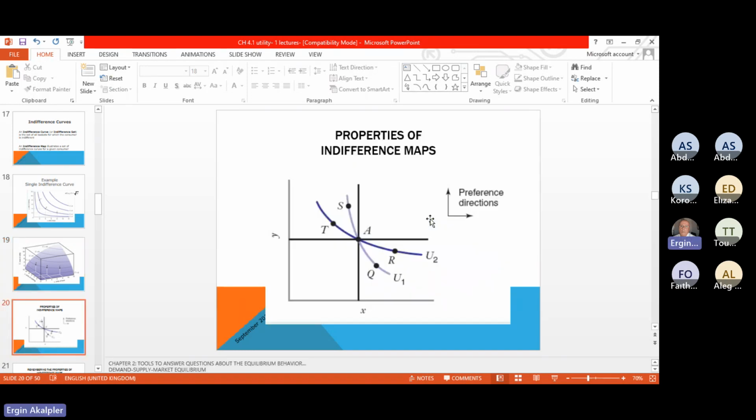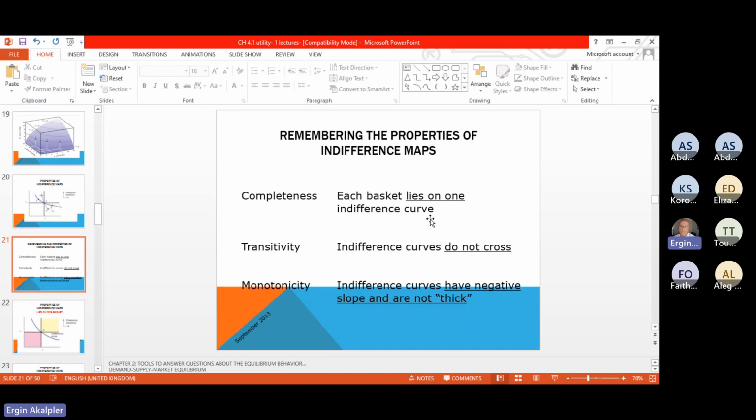And the properties of the indifference map, if you are going to question the preference direction, become important here. As you are seeing, the indifference curves are supposed to never intersect each other. Therefore, if they intersect, there is a problem with this indifference curve. And when we go to the further explanation of the properties, we remember the properties of the indifference curve.